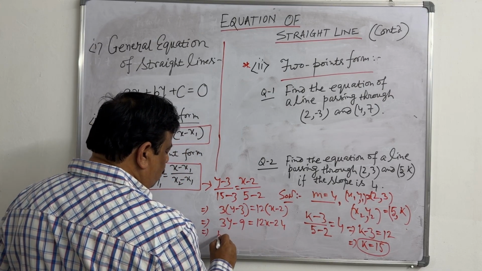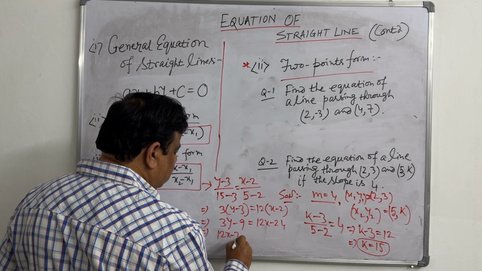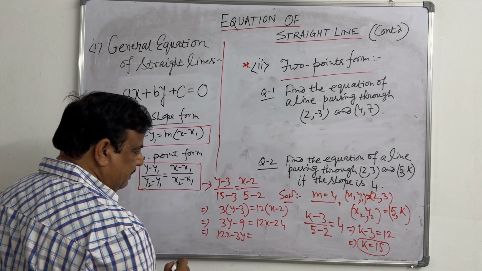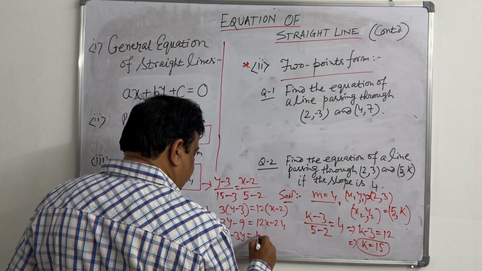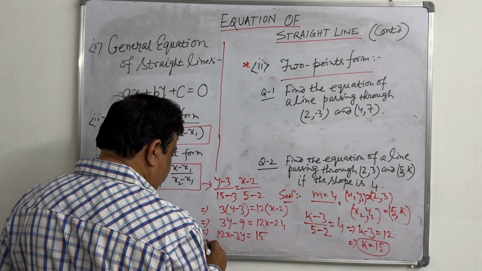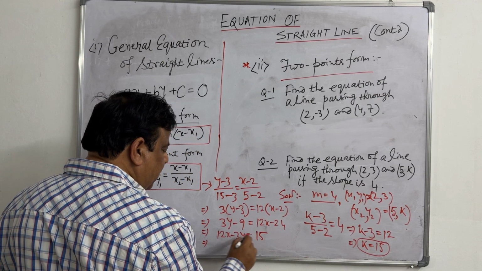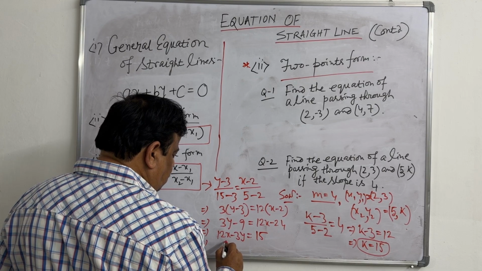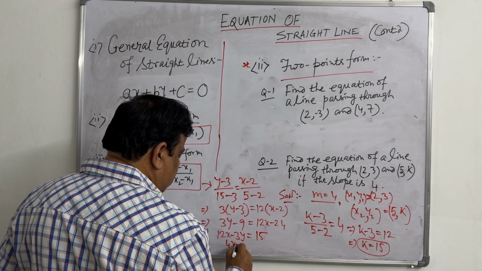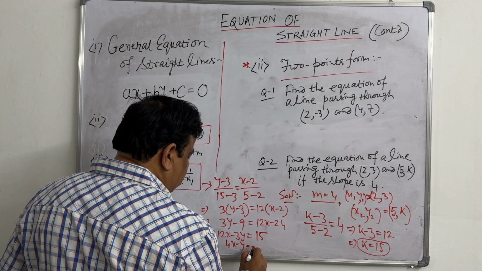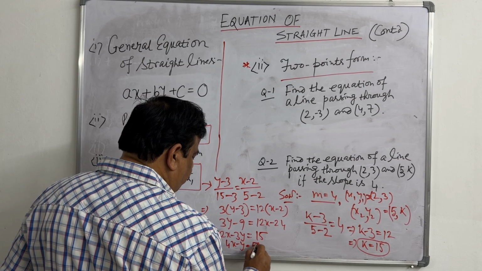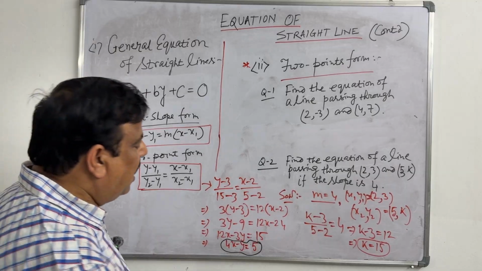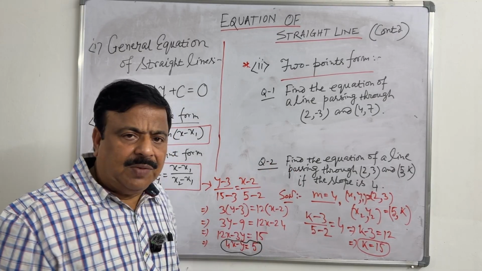So 12x minus 3y is equal to 24 minus 9, that is 15. If you divide both sides of this equation by 3, you'll get 4x minus y is equal to 5. Okay. So this is the answer of question number 2.